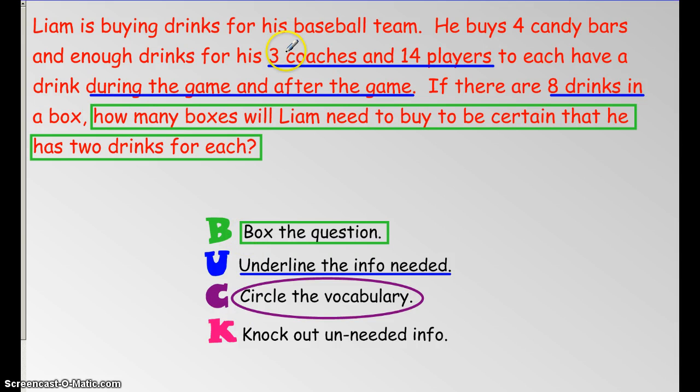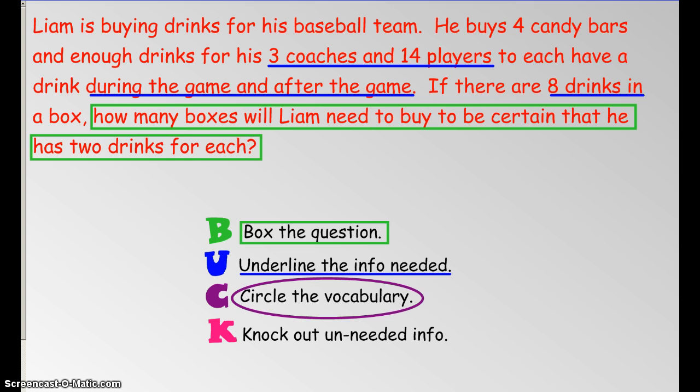That is, there are 3 coaches and 14 players. And it says that we are going to get drinks during the game and a drink after the game. And I know that once we get to the store, there are 8 drinks in one box, because my question said how many boxes. So I've got some work to do before I can figure out how many boxes.